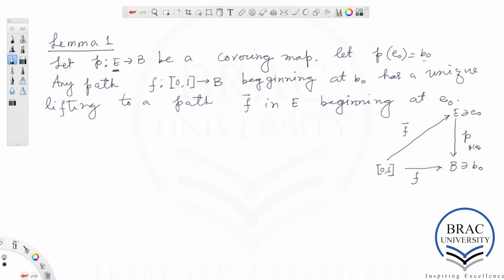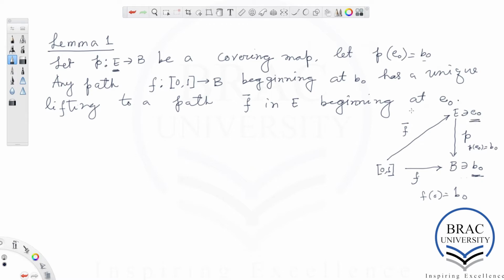Okay, P of E0 is going to be equal to B0. So the lemma says that if this is the situation, then if this path F begins at the point B0, meaning that F of 0 is equal to B0, then there is a unique lift of F given by F bar that is going to start at E0.